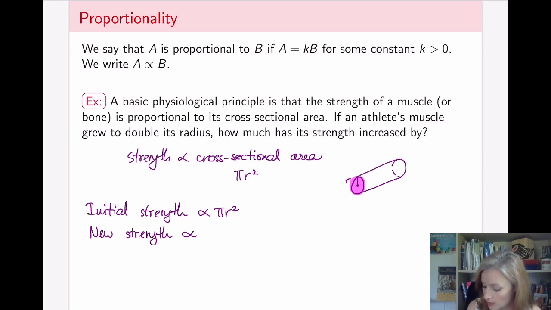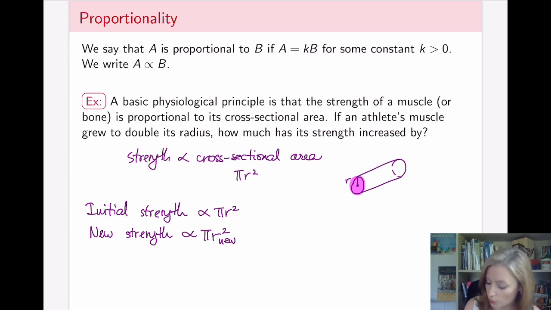Okay, so this is a very important thing to notice here: I can say that it's proportional to the new radius, r new squared, but I also know that my new radius is double the old one. This is the proportionality of the radius.